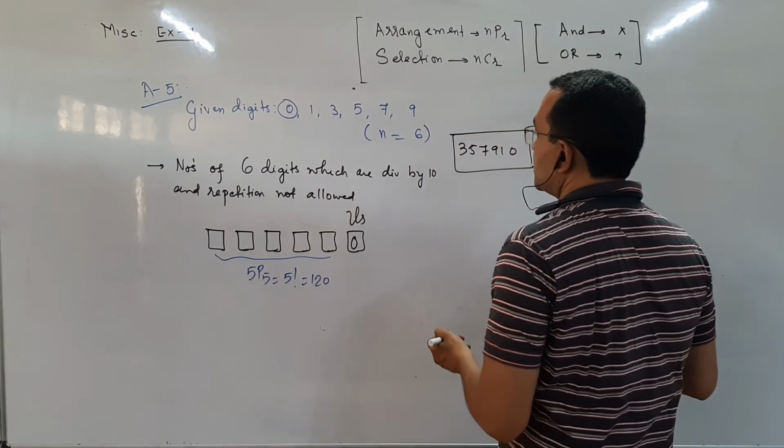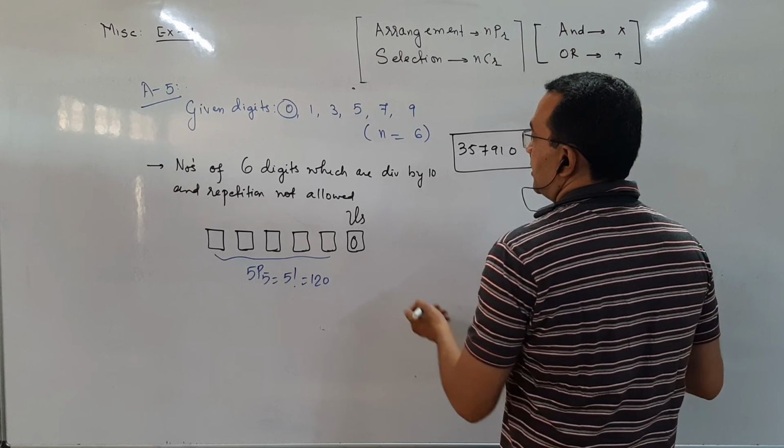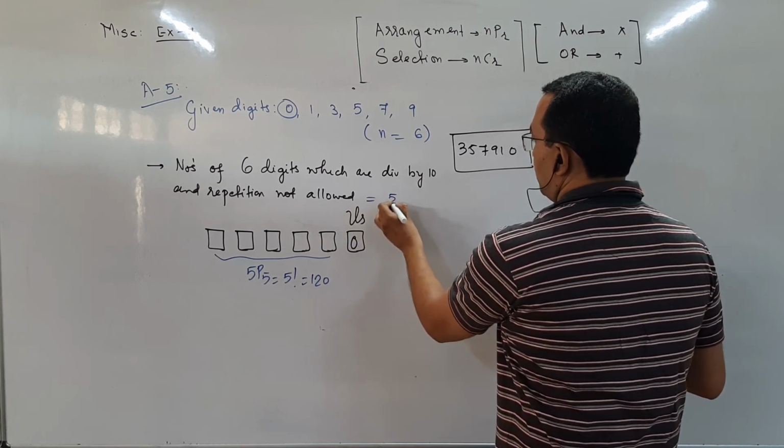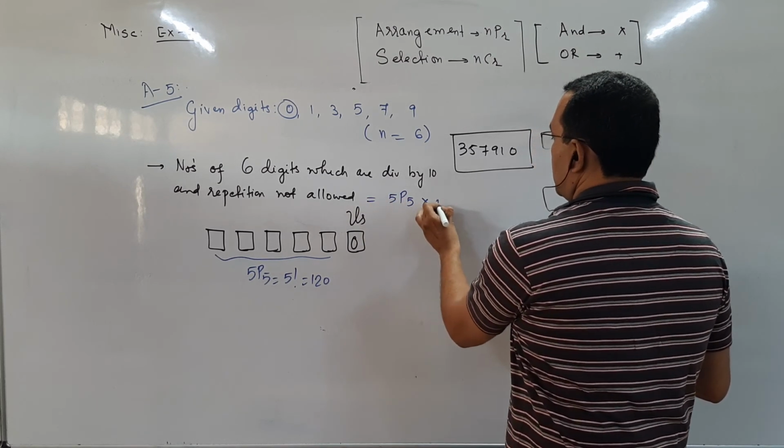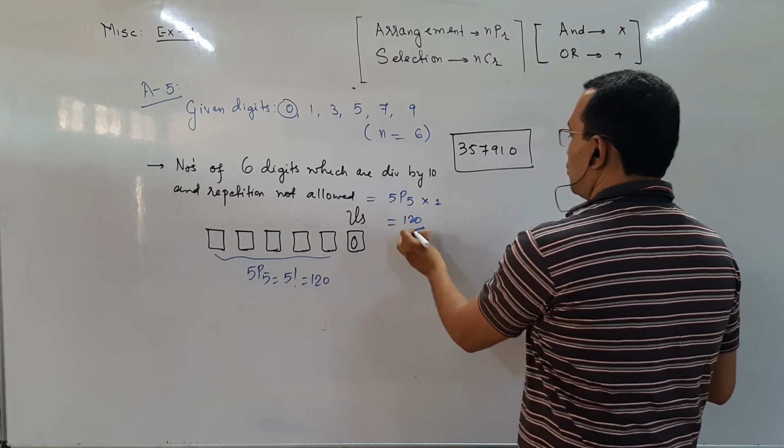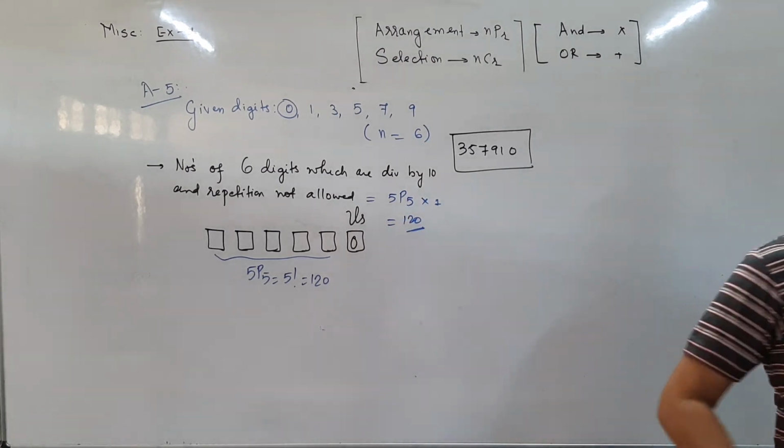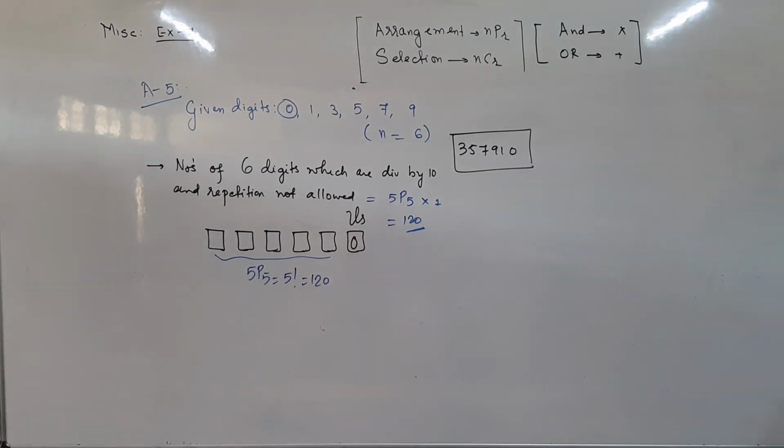So numbers of 6 digits which are divisible by 10 and repetition not allowed is equal to 5 factorial into 1. So the answer is 120 numbers. So this is again a very simple but very interesting sum.